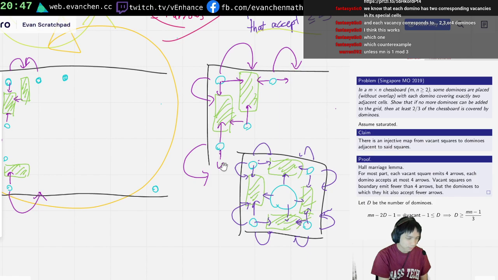Domino is at (0,0) and (1,0). So I look at the endpoints of the dominoes, and something's supposed to happen with them.